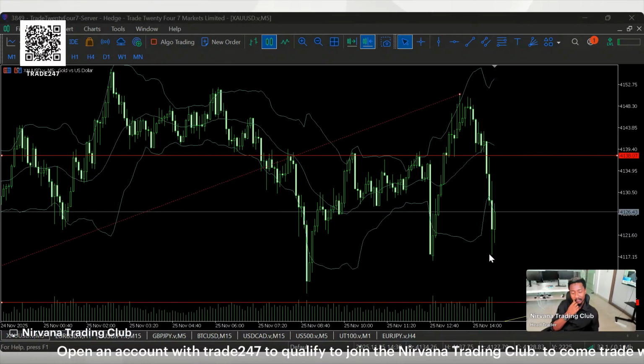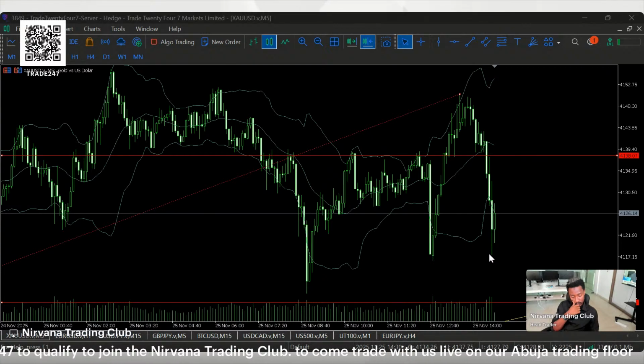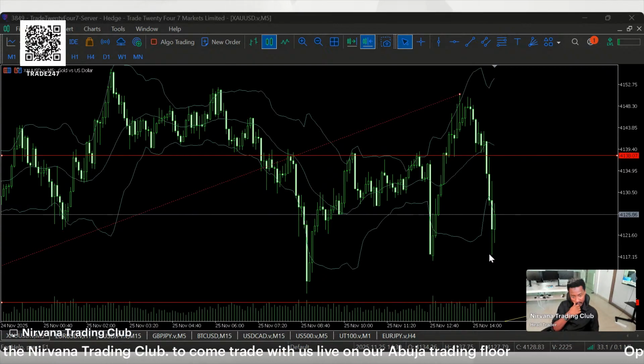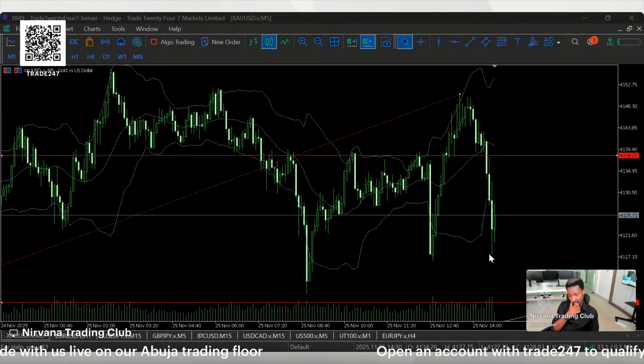So we need precision, we need very, very good confirmation before we jump on this trade. Gold can be very volatile.